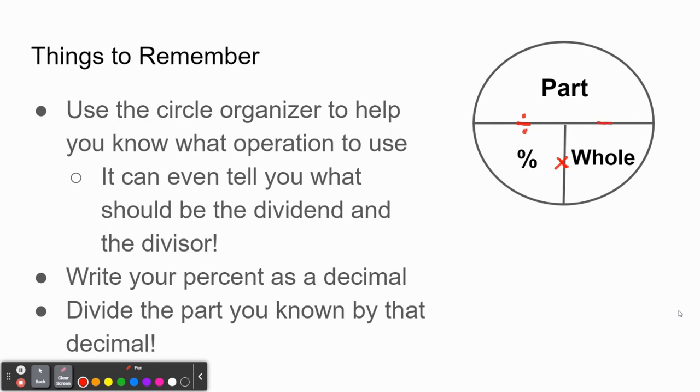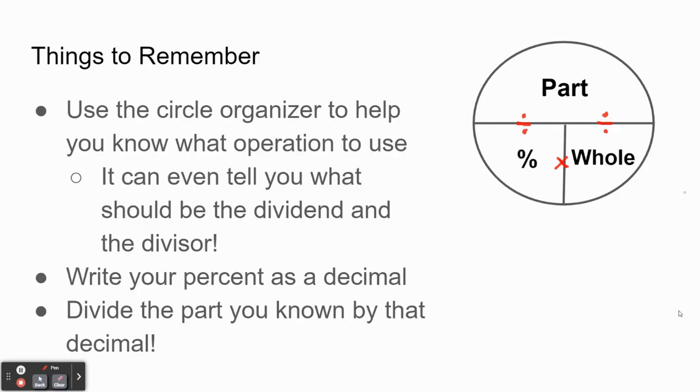And if you have a part and a whole, which we didn't talk about, you'd still do division. It can even tell you what the dividend and the divisor are, because whatever's on top is going to be the dividend, and whatever's on the bottom, either the percent or the whole, is always going to be the divisor.